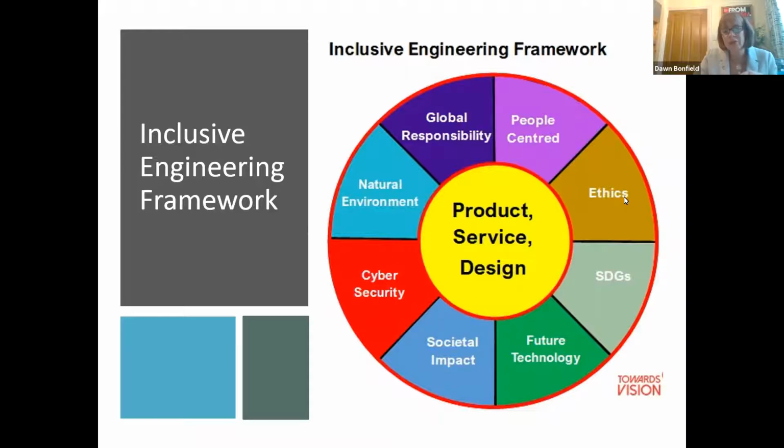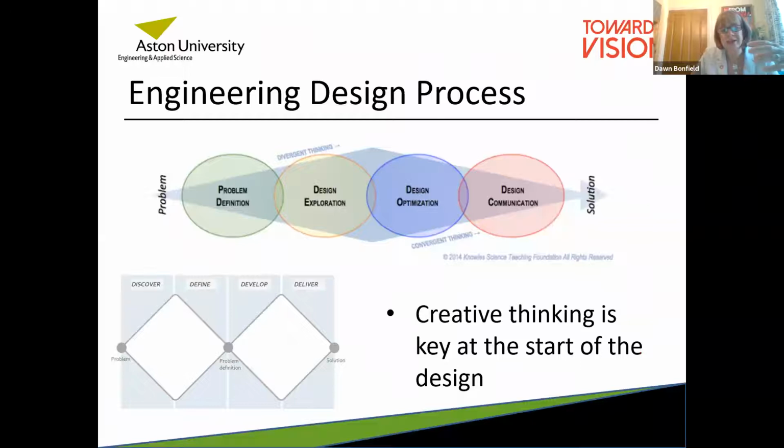But these are all really important aspects and things that we don't necessarily tell engineers in their brief, but they are things that we expect engineers, and certainly with the new framework that we're looking at for accreditation, we're expecting engineers to be bringing these things into their thought processes when they're designing.